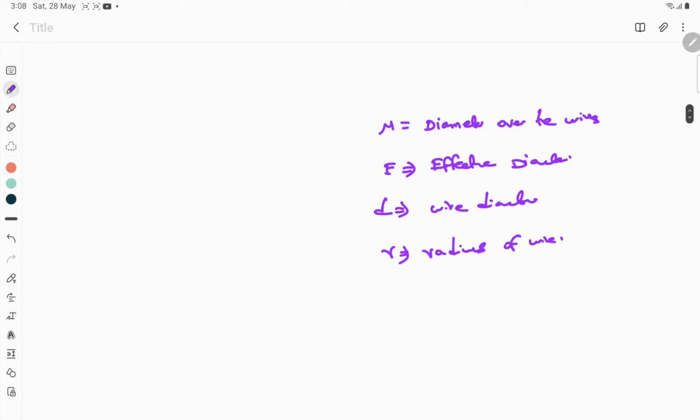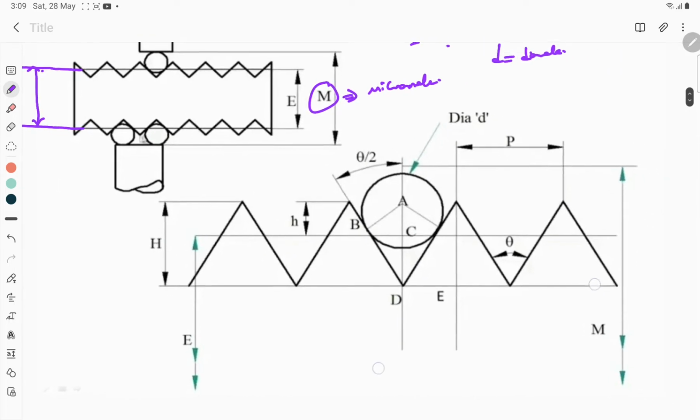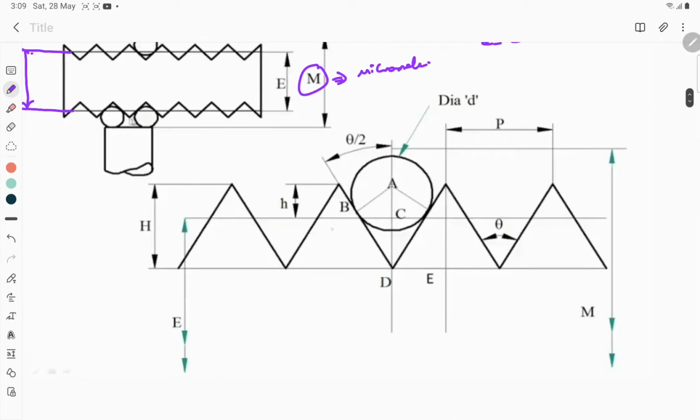Then we have small h. h is the height of wire center above pitch line. You can see in the picture, this is the pitch line, this is the center of the wire. This height is small h.